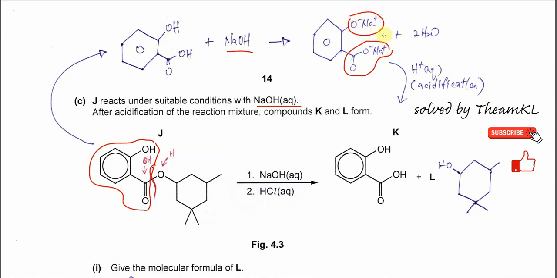Then after that it needs to undergo acidification. Acidification means this product will react with H plus, so the H plus will exchange with the sodium ion, and eventually it will form this K, right? So it forms this phenol and this carboxylic acid. So that's how it happens.